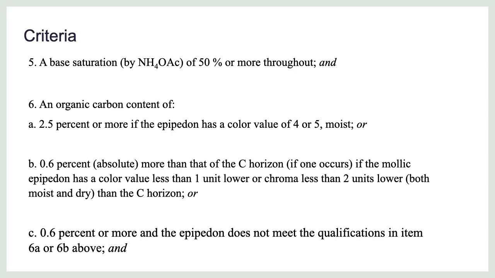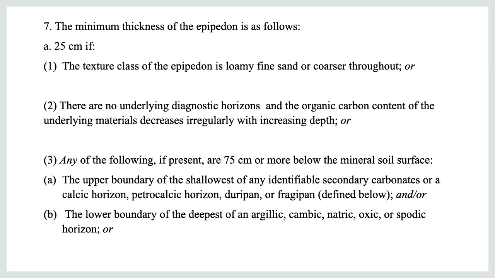And the last option, 0.6% or more, and the epipedon does not meet the qualifications in item 6A or 6B above. So if the soil registers a darker color than 4 and 5 of value, and if the difference of colors between the C horizon and the mollic epipedon is quite high, I need to consider that the content should be at least 0.6% of organic carbon, okay?